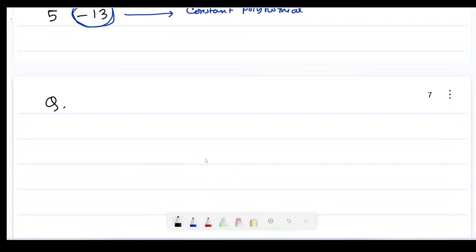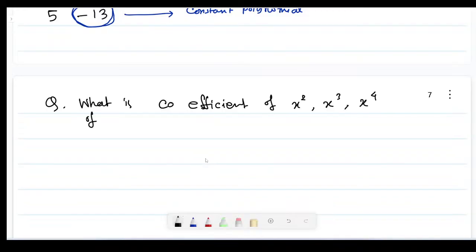Now my next question is, what is the coefficient of x square, x to the power 3 and x to the power 4 of the following?